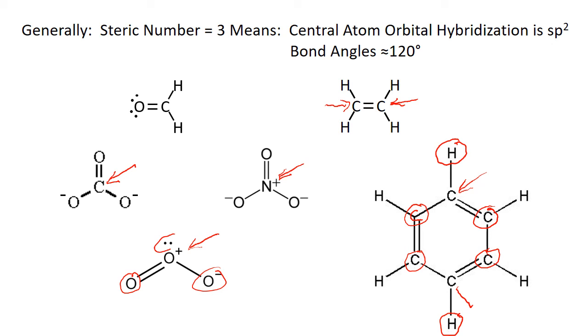I have 1 unshared pair, steric number 3. That means the central oxygen atom in ozone has an orbital hybridization of sp2, bond angles of 120 degrees. So that ends our discussion of valence bond theory for steric number 3. We've done steric number 4 and 3 now in the 2 video sets.